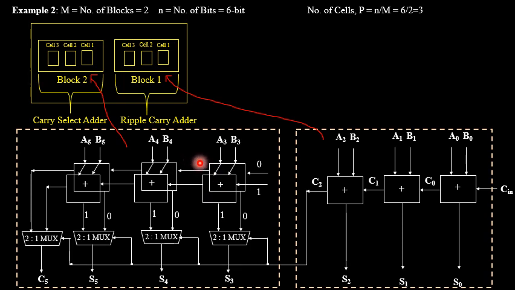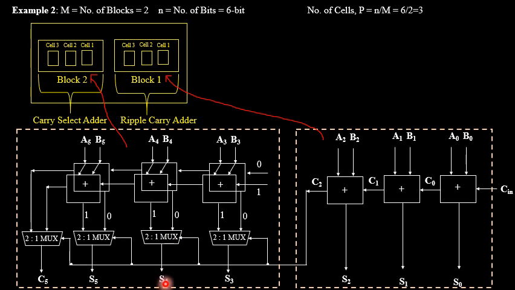This C3 is not the main carry output of the block. So I am not making use of any sort of multiplexer for that particular carry output. Rather than that, I am directly applying it to the cells of A4 and B4. So again, a replica of this performs the operation of addition, chooses an appropriate value of the sum depending upon the carry output, that is C2, which is taken as the control signal for the 2:1 mux.